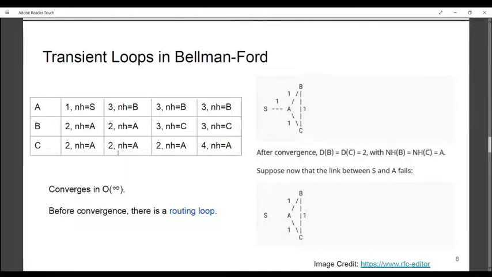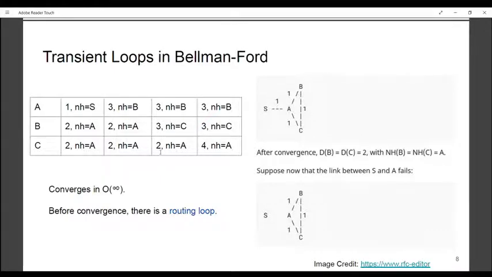B sees the metric of A has changed, and A is its next hop, and B is also the next hop of A. So according to Bellman Ford, B will update its metric. Then again A will update its metric since B is its next hop. Similarly again B will update, and again A will update, because A and B are the next hop of each other.